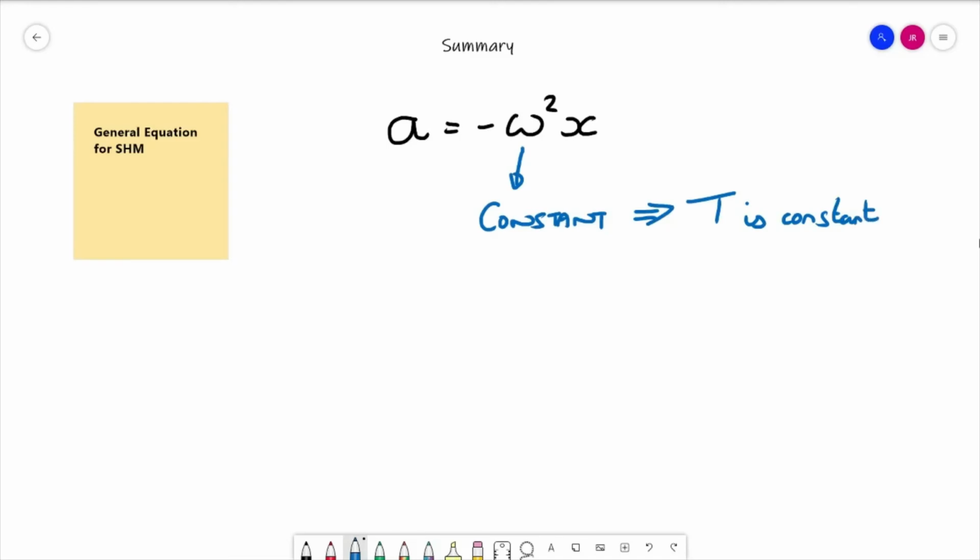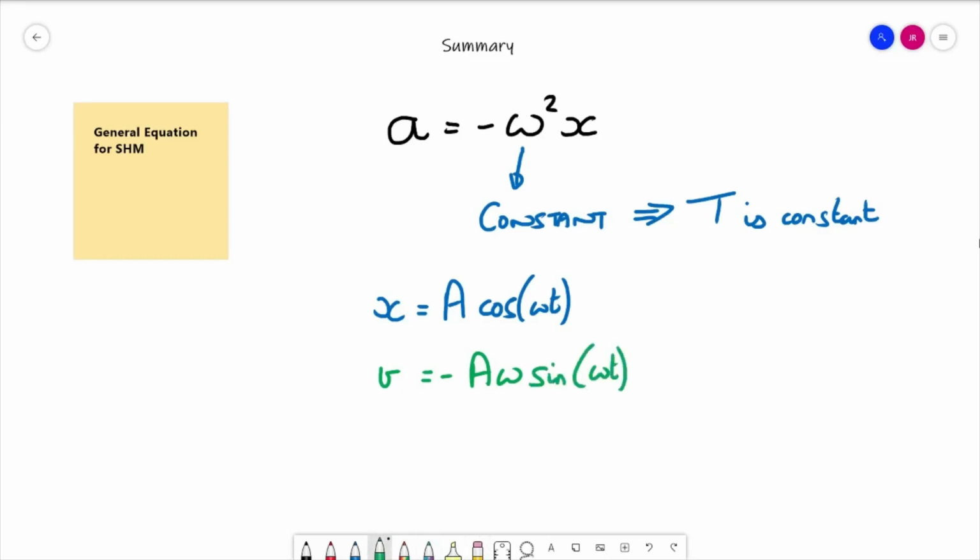In the video we also did the equations of motion, so x is equal to a cos of omega t, v is minus a omega, sorry not cos, it's sine, and finally acceleration is minus a omega squared cos of omega t.